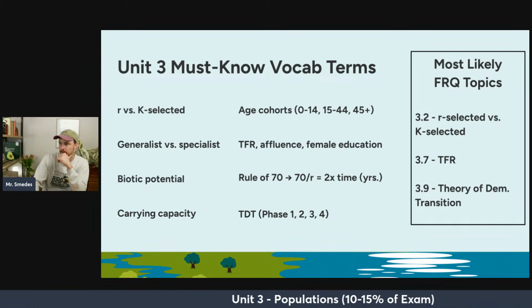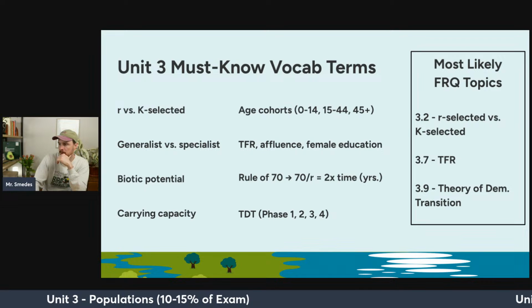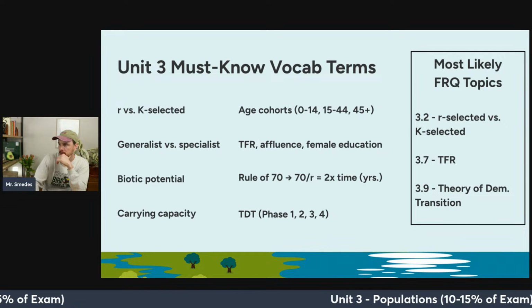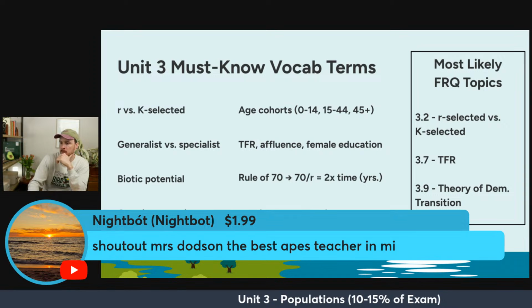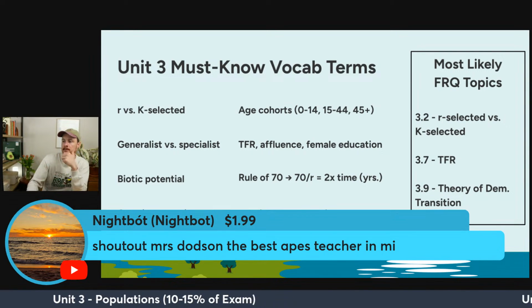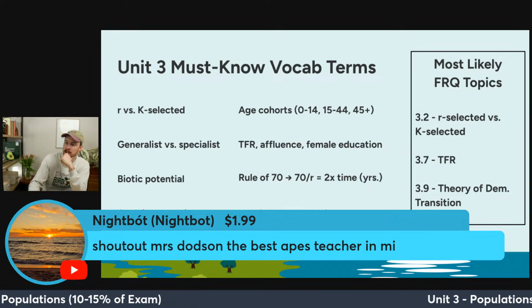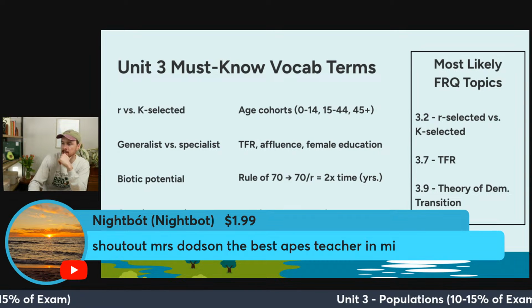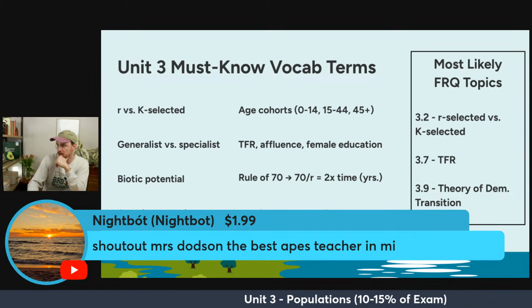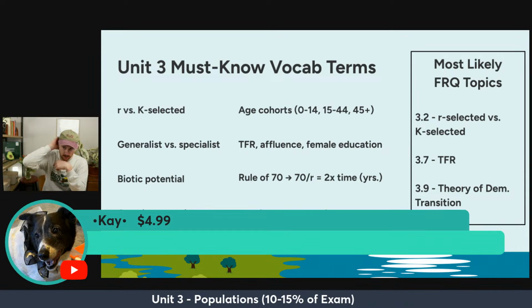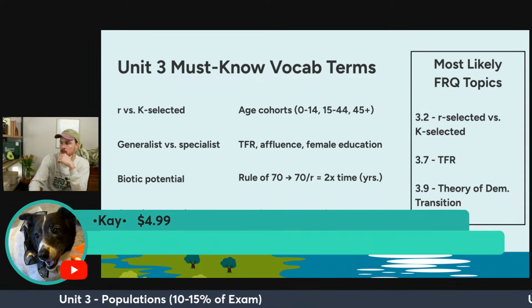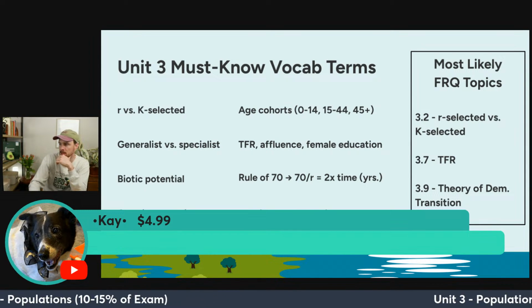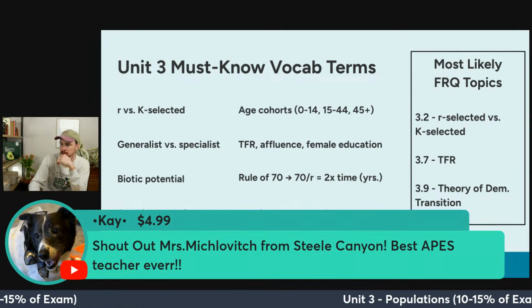Okay, let's try to do the thank yous that have come in to people. All right, let's see here. We got a fellow Michigander. So shout out to Mrs. Dodson, the best APES teacher in Michigan. All right, go Michigan, go Mrs. Dodson. Awesome, your scholars appreciate you. Kay just wants to donate to the Buck Creek Watershed, Friends of Buck Creek. Or maybe Kay did this on accident.